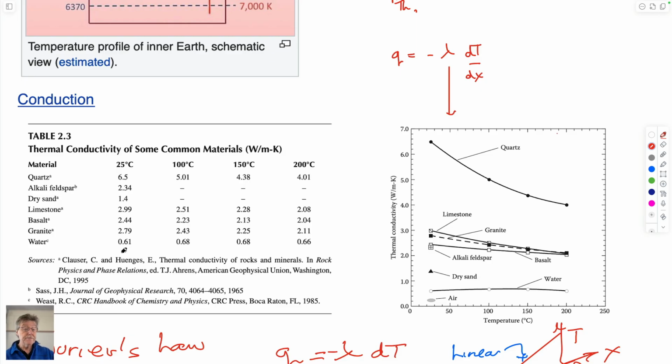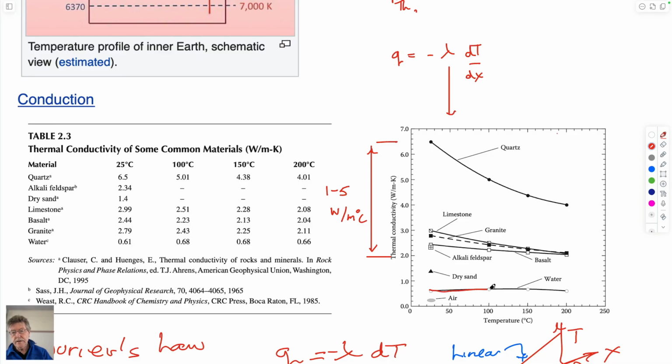It's just a plot of this figure, actually. So the rough magnitudes for solid materials, so this would be crustal rocks, which are made of quartz or calcite, carbon, etc., is something in the range of 1 to 5 watts per meter degree centigrade.